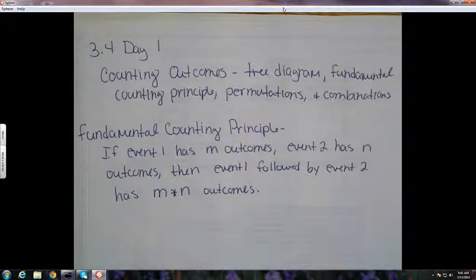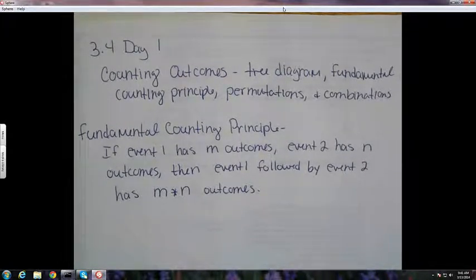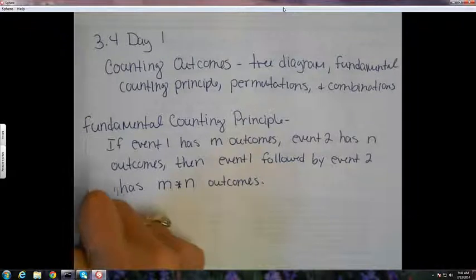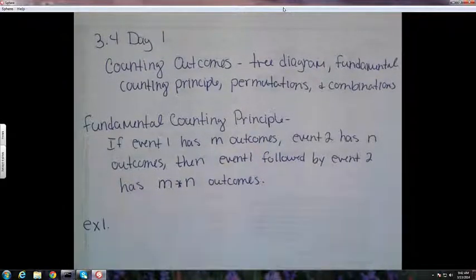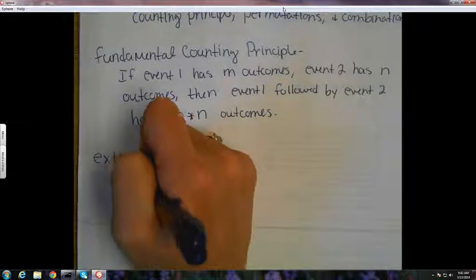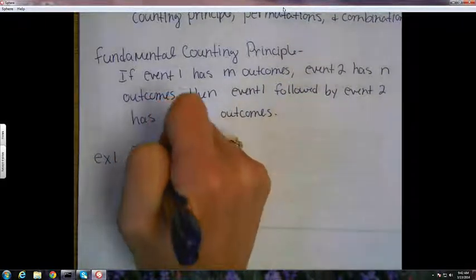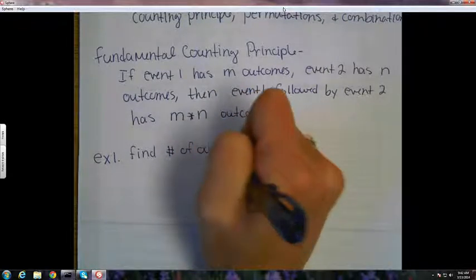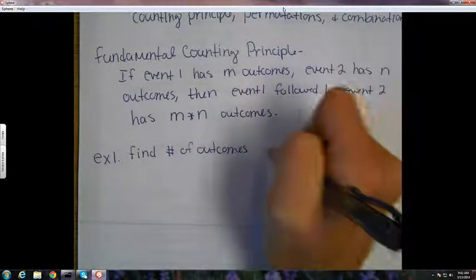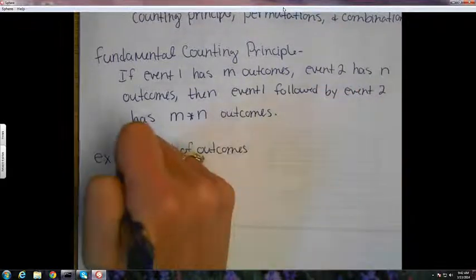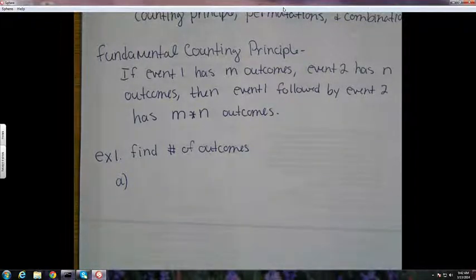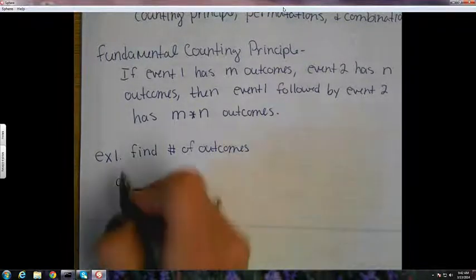So let's look at a few that we've drawn tree diagrams for and show how we could use the fundamental counting principle to come up with that same number. So our first example is going to be things we've seen before. So we're going to find the number of outcomes for, and I first want to go back to our rolling 2 dice.